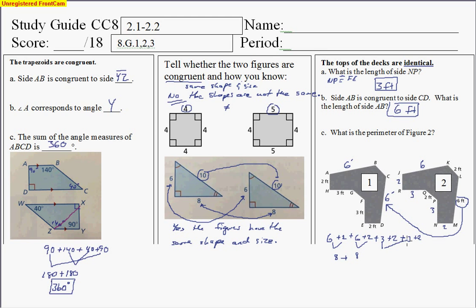This is 5 and 3 makes 8, and then I have to bring down this 2, so this makes 10 and 16, so it looks like it's 26 feet is the perimeter of figure 2, which would also be the perimeter of figure 1 as well. So let's take a look at the next problem.